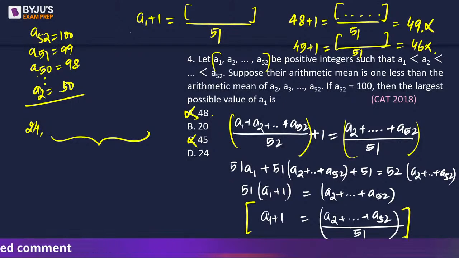And A52 has been maximized. A52 is given as 100, so we need to maximize.